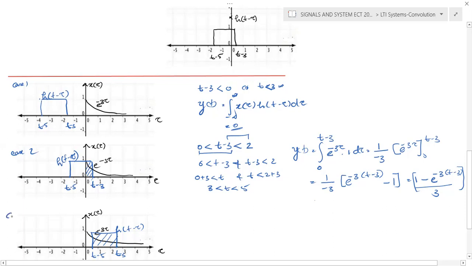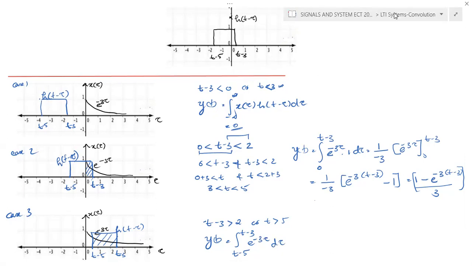So we can consider this as case 3. Here for the limit t minus 3 greater than 2, or we can write t greater than 5, y of t can be written as the integration starting from t minus 5 onwards, because h of t minus tau has non-zero magnitude from t minus 5 to t minus 3. So you can integrate from t minus 5 to t minus 3 of e raised to minus 3 tau d tau. So this is the third case.